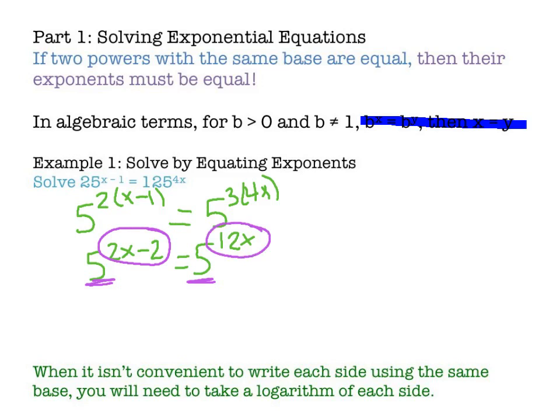My exponents are equal to each other because my bases are equal to each other, and I'm talking about an equation here. So I now have 2x minus 2 is equal to 12x, and now I can solve this just like any other two-step equation.